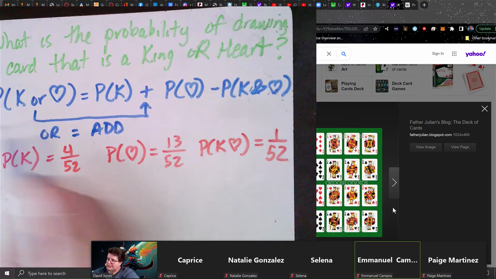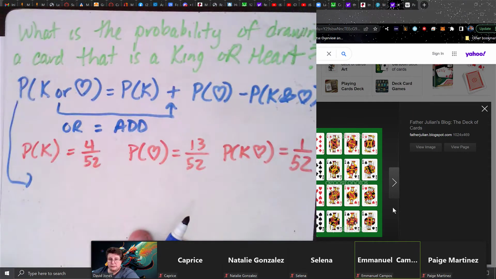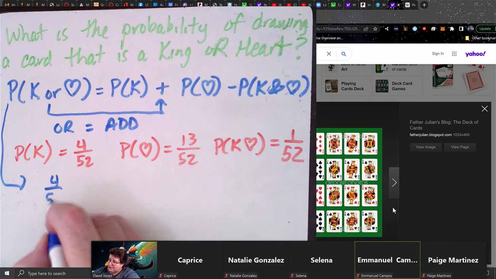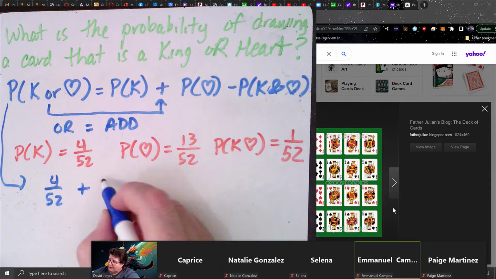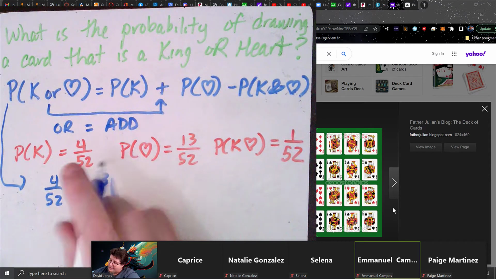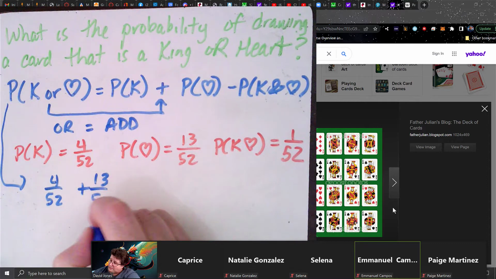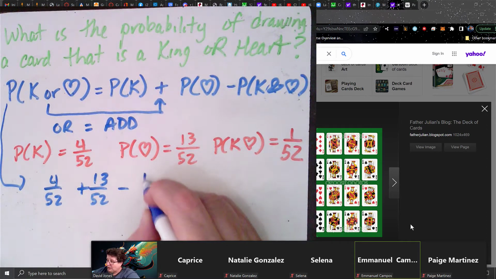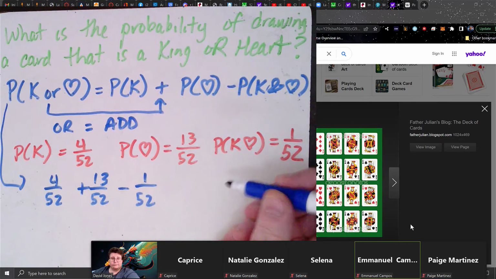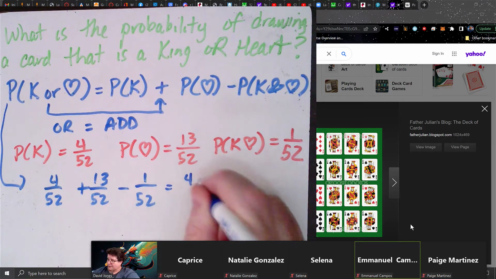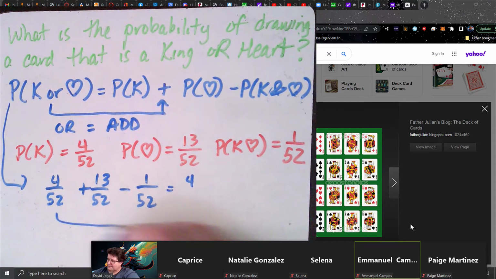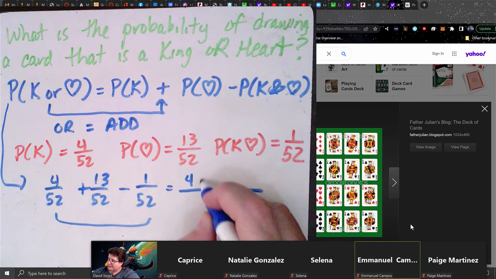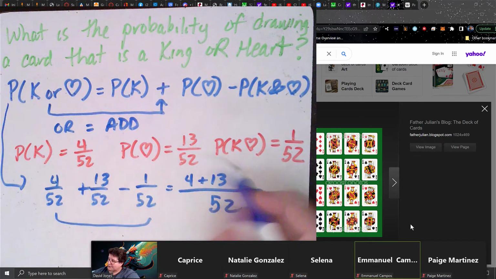So plugging these into that equation up there, I get the probability of a king is 4 over 52, plus the probability of a heart is 13 over 52, minus the probability that it is a king and a heart, 1 over 52. When the denominators are all the same, we can make that the denominator of a big fraction and just do the things on the top: 4 plus 13 minus 1.